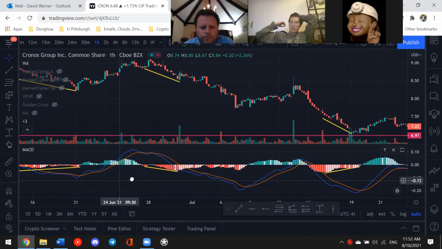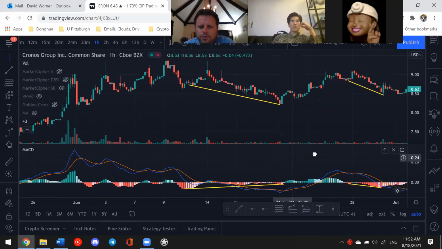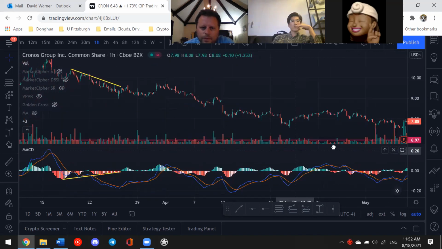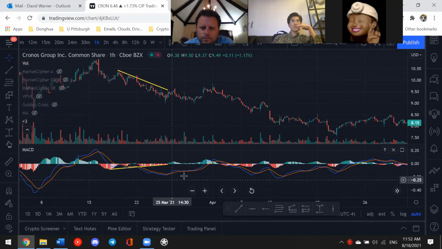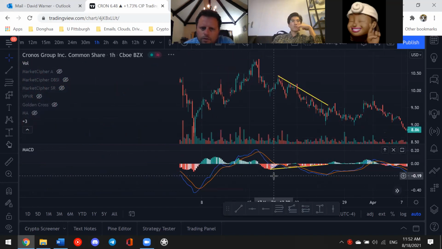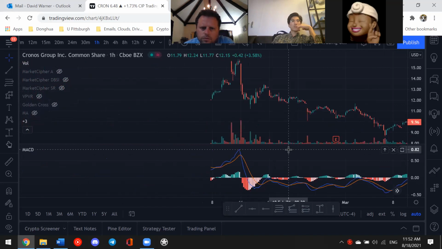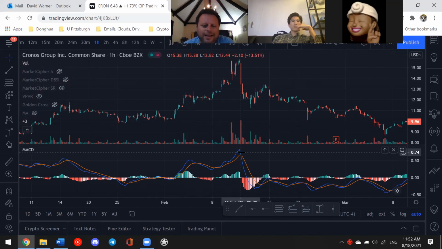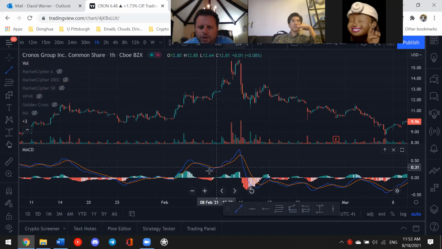The histogram told you here, let's find a time when it was going up but price was going down. Up and going up. See, this is why I like the histogram a lot more, because if you were just following the signal lines, this just tells you when to get in and out.